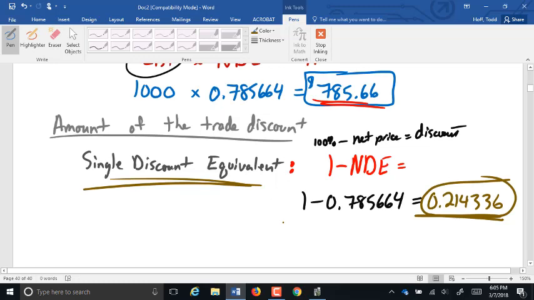What would we use that for? Well, if we take the list price times the single discount equivalent, we get the amount of the trade discount.